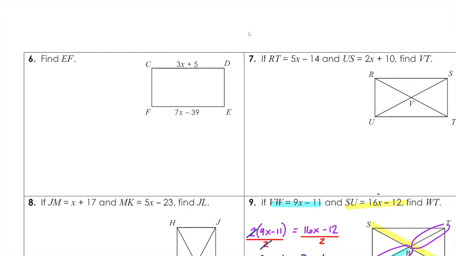So CD is congruent to FE. And if our sides are congruent, then they are equal. So we can set these equal to one another. 3x plus 5 equals 7x minus 39.